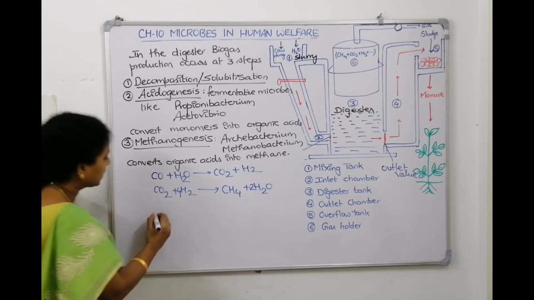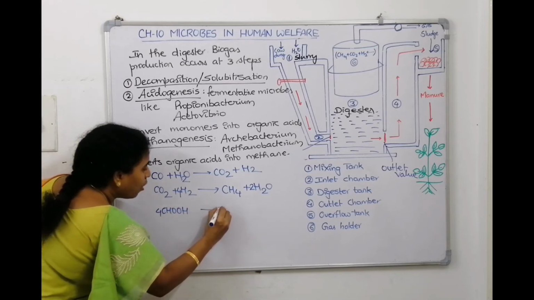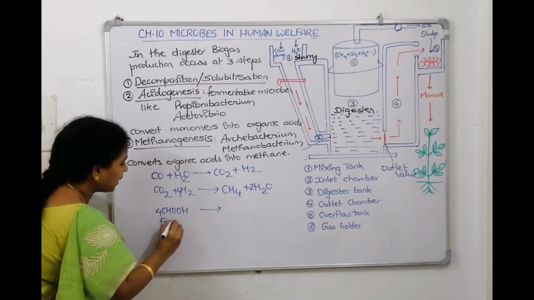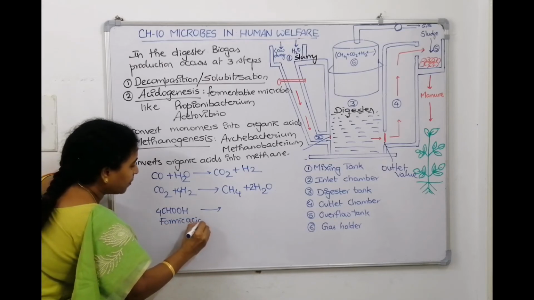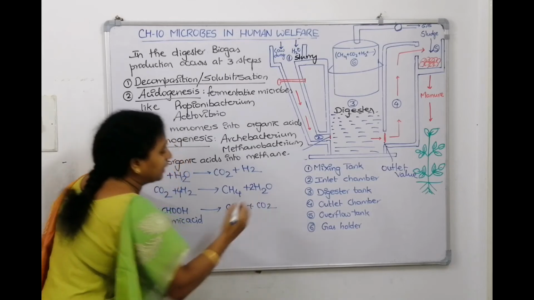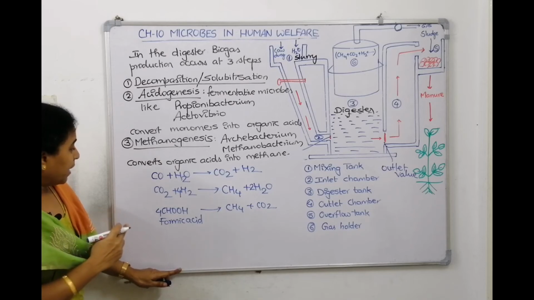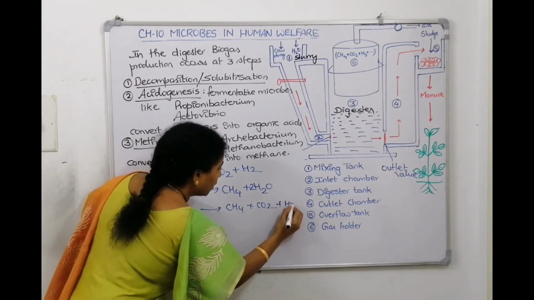We can take formic acid also. This is formic acid. Formic acid also gets converted to methane and carbon dioxide. We can write water also.